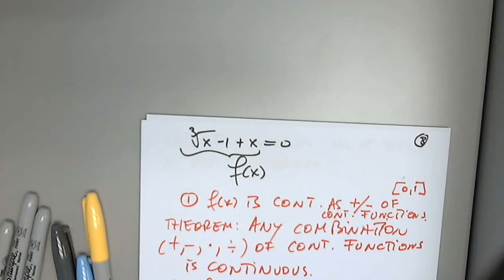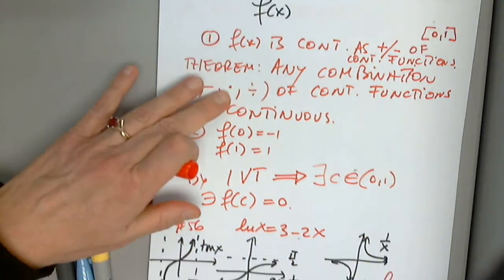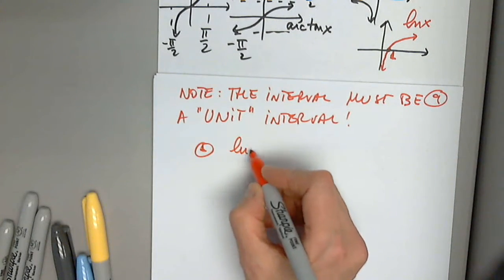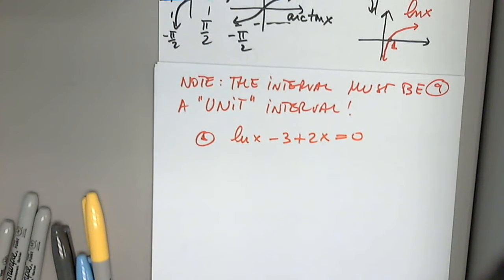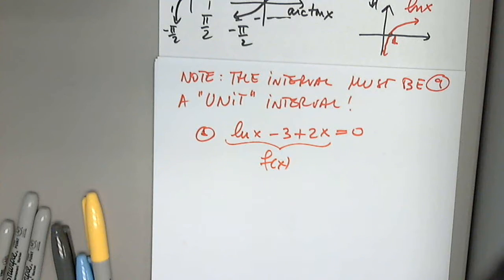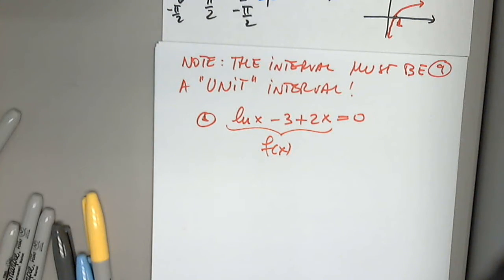What did we do in the previous problem? First step. Set it equal to 0. Of course, I have to create the function. Without creating the function, I have no idea what to plug in the graphing calculator. That's the first step. Very good. Thank you, Chris. Excellent. F of x.